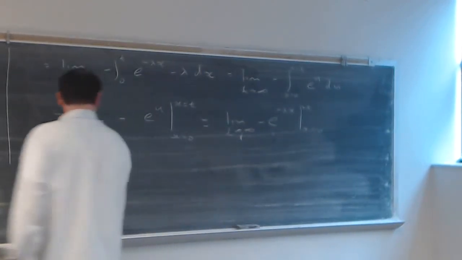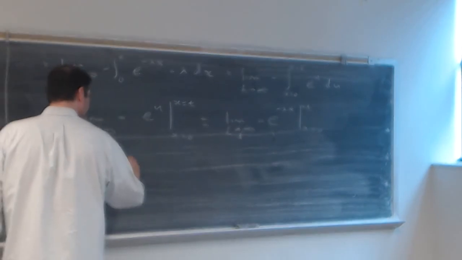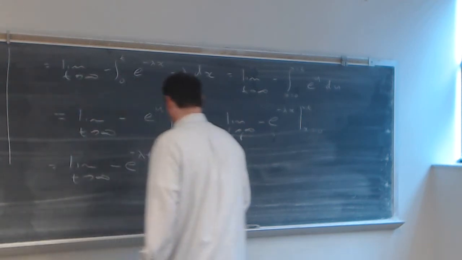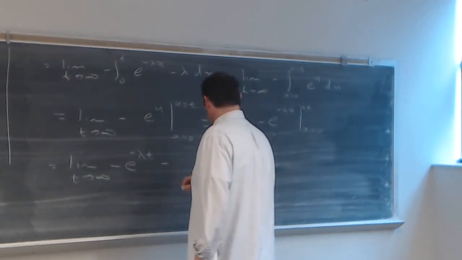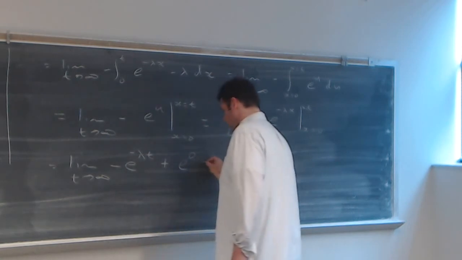Doing that evaluation, we get the limit as t goes to infinity of minus e to the minus lambda t, minus a minus, which makes a plus e to the 0.